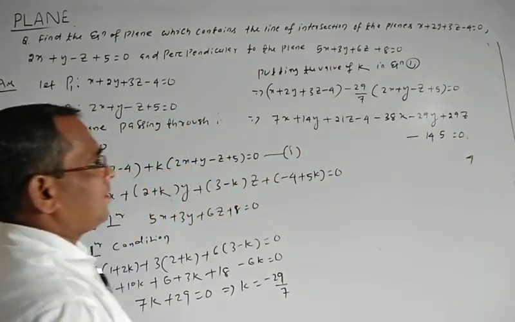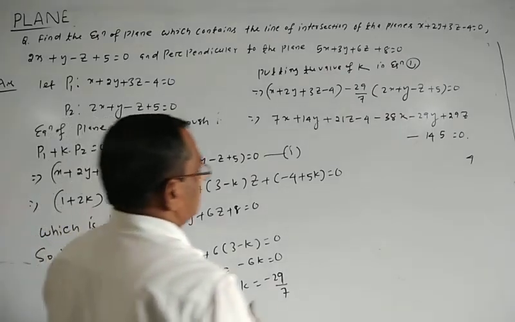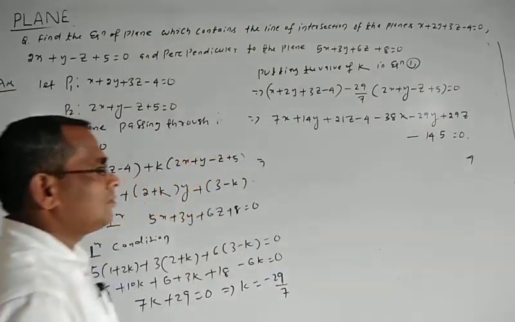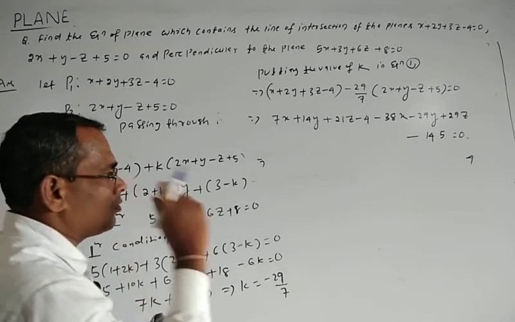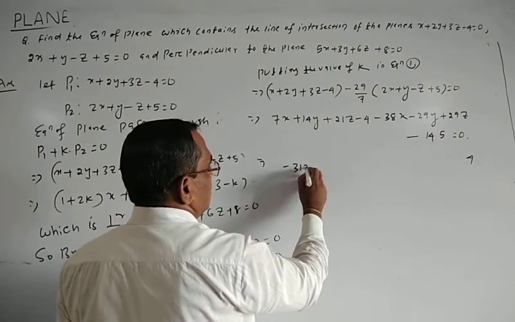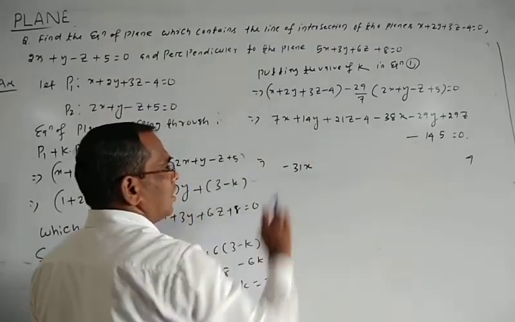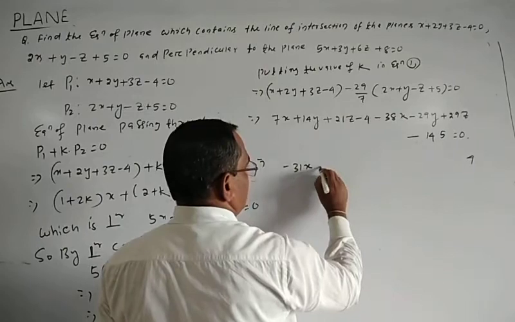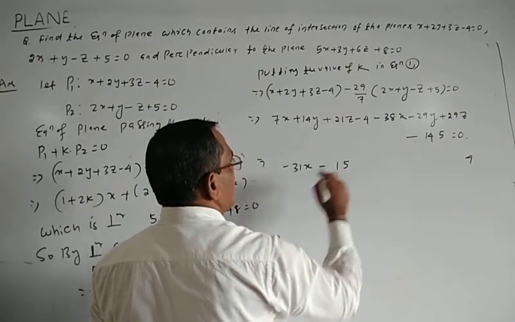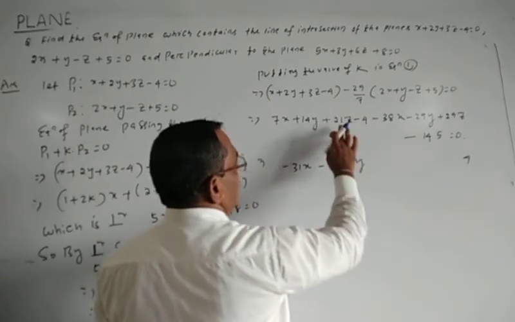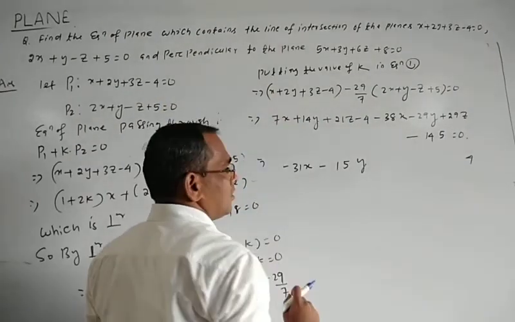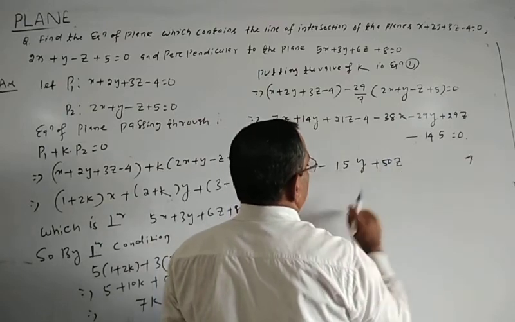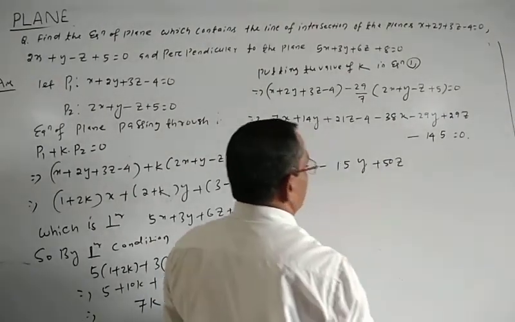That implies 7x minus 38x is minus 31x, 14y minus 29y is minus 15y, 21z plus 29z is 50z, and the constant is minus 149.